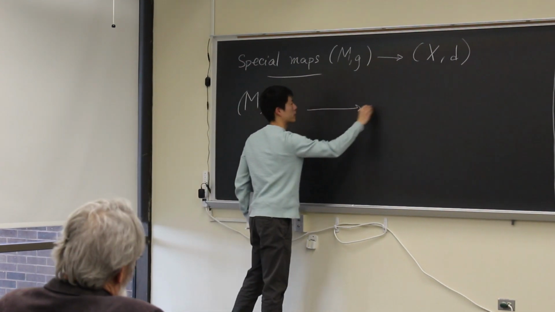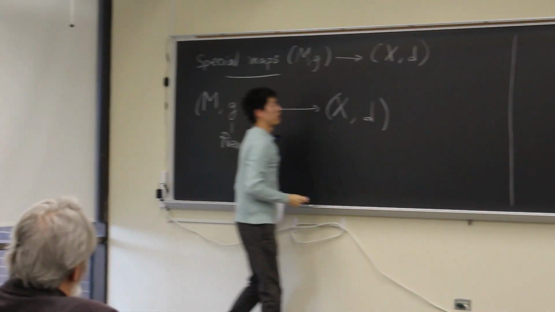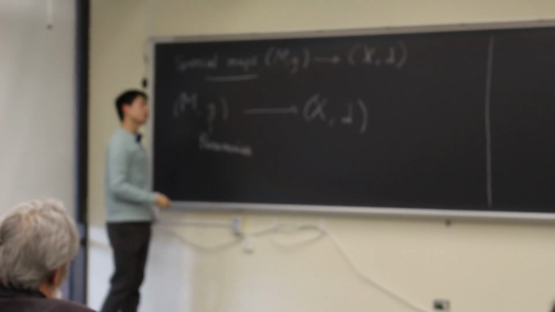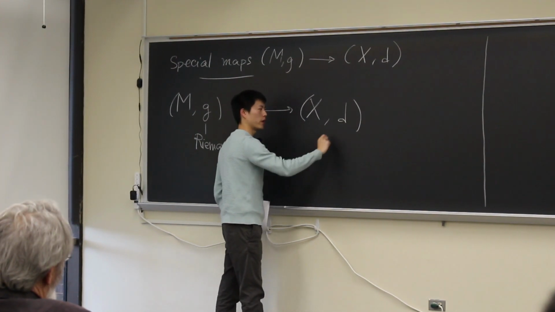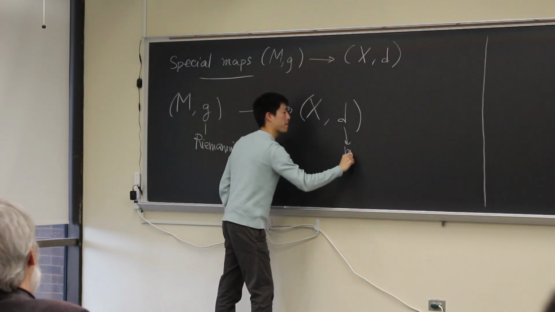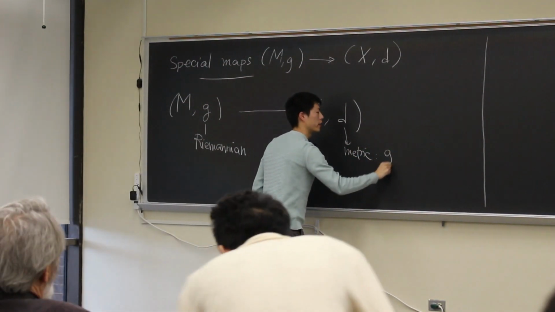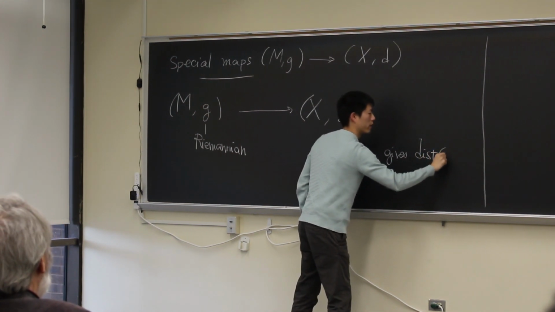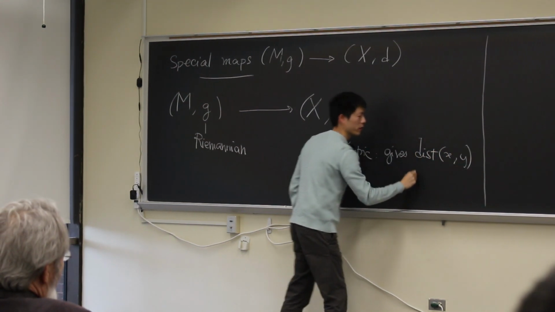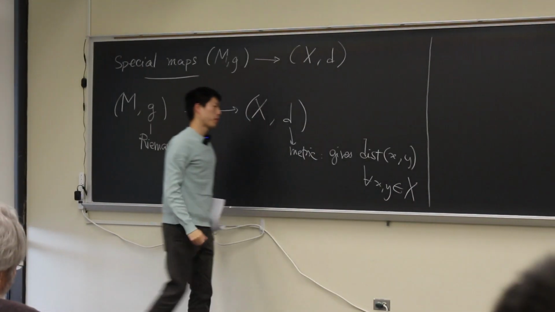And you want to map it into a certain metric space. So a metric space is a more general notion. You have a topological space, and you put a metric on it. So a metric gives you the distance between any 2 points in this topological space.